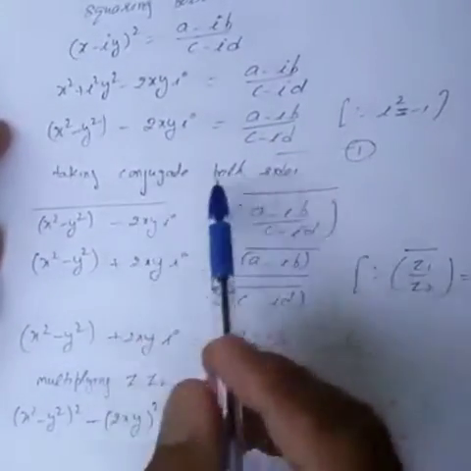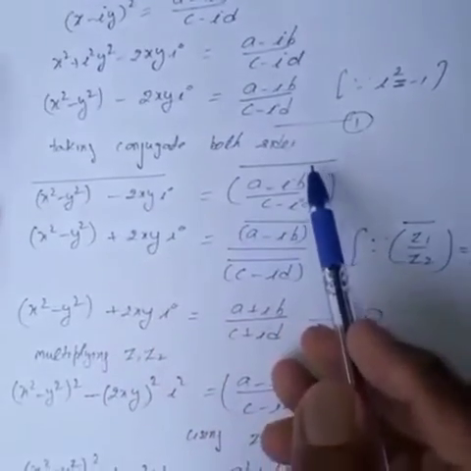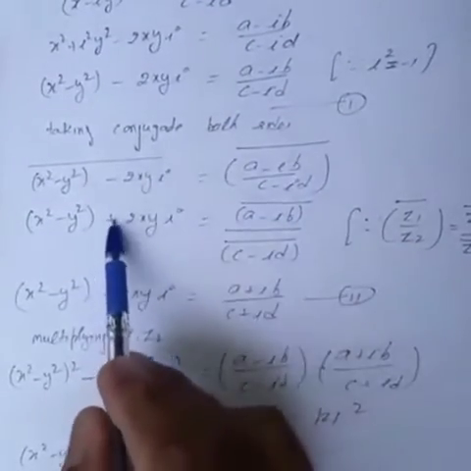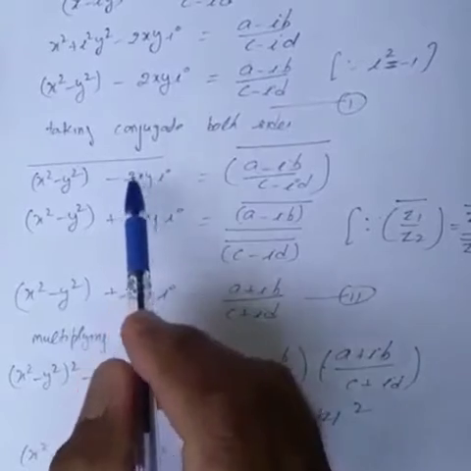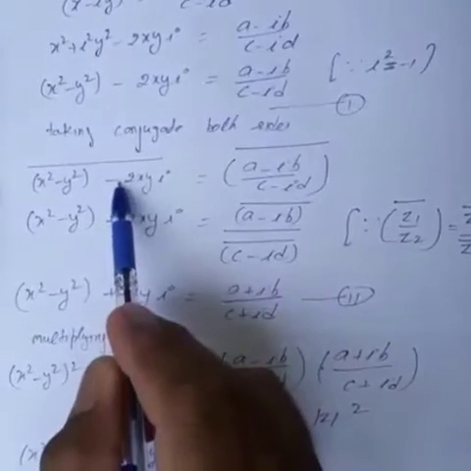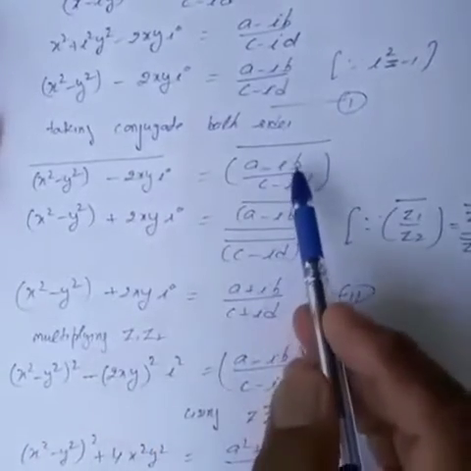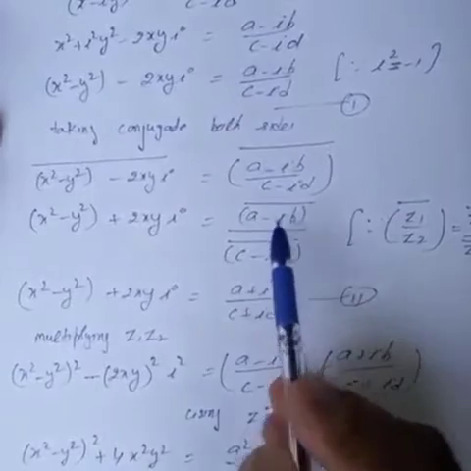Now taking the conjugate of both sides, the conjugate of the left hand side as well as the conjugate of the right hand side. The conjugate of the left hand side can be obtained by changing the sign of the imaginary part. So it is negative, then after changing it will be positive. Similarly, on the right hand side we have to use properties.